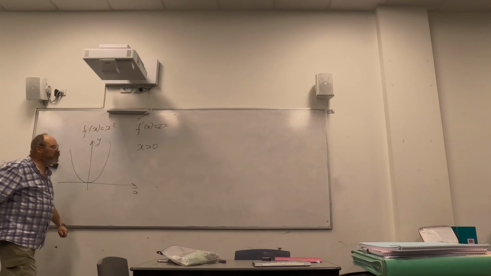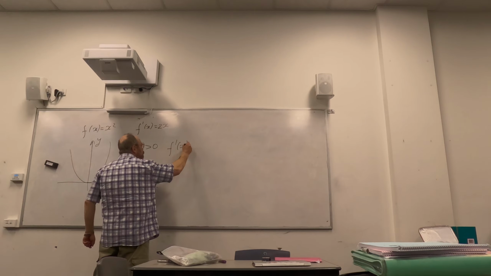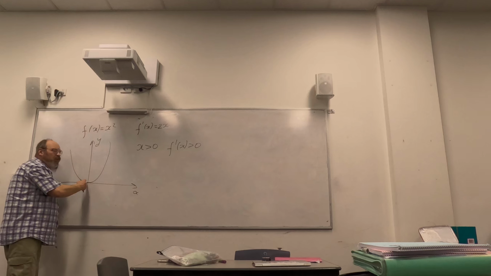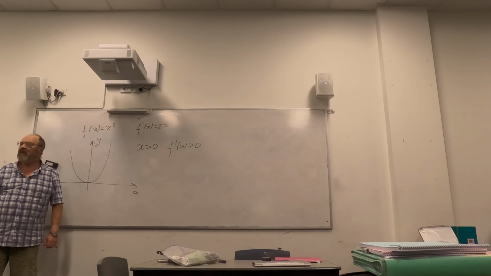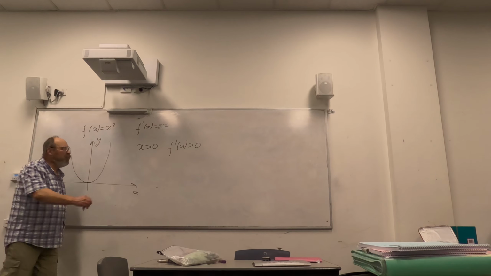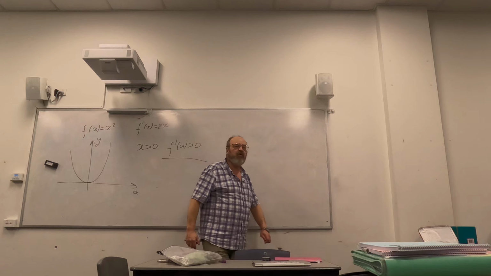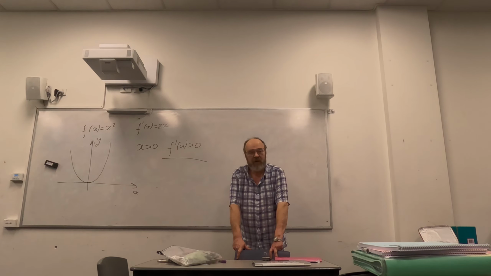Positive. And what does the function do when x is positive? Is it increasing or decreasing? Increasing. So, this is the condition for a function to increase. If the derivative is positive, that means the function is increasing.